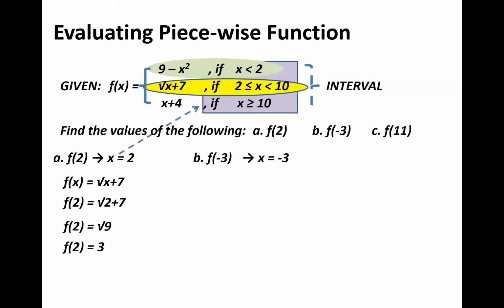That is 9 minus x squared if x is less than 2. So, ang gagamitin natin subfunction for this particular example ay ang f of x is equal to 9 minus x squared. Substitute the value of x. That is f of negative 3 is equal to 9 minus quantity of negative 3 raised to 2. So that is 9 minus 9, f of negative 3 is equal to 0.